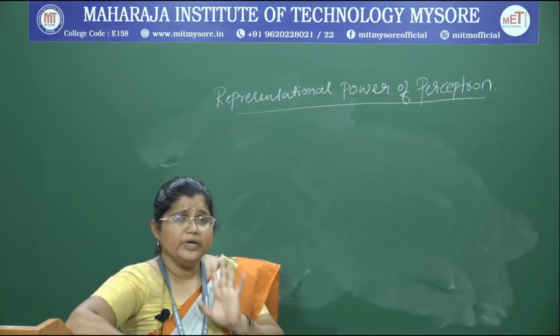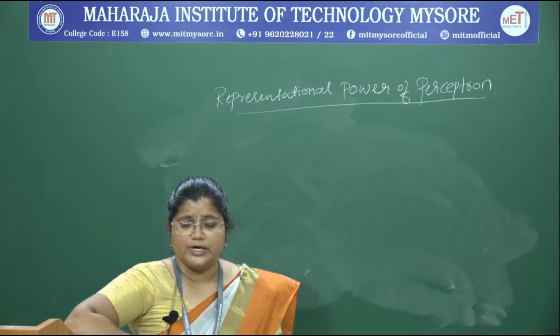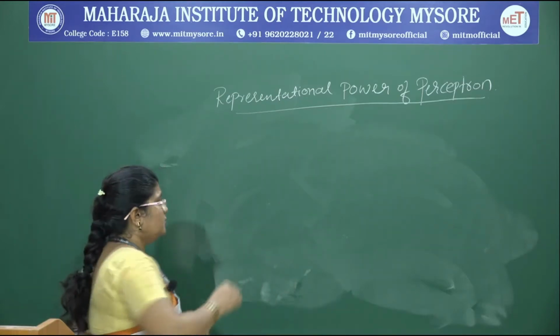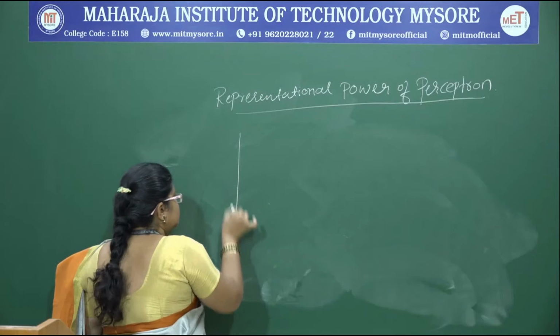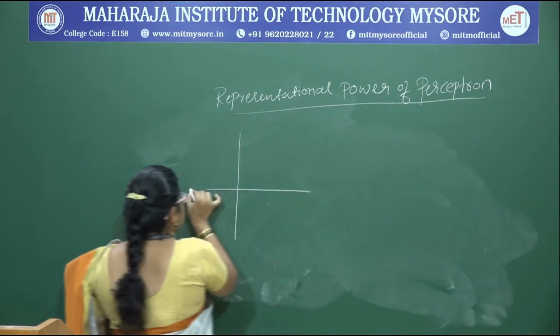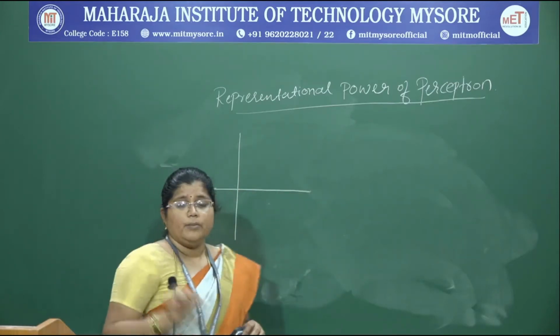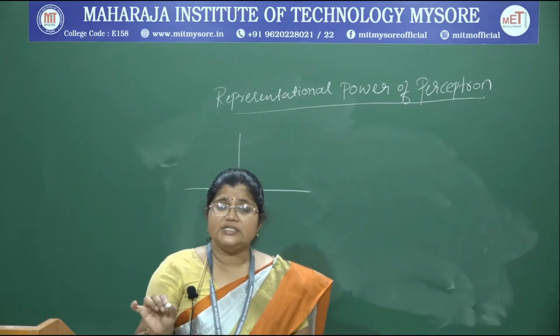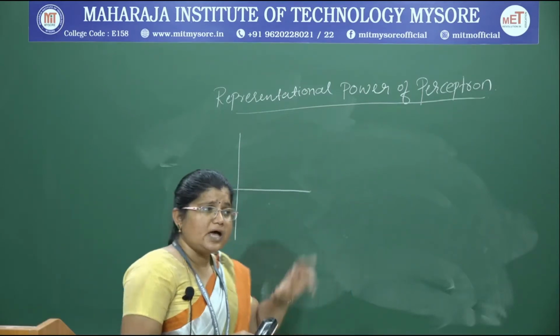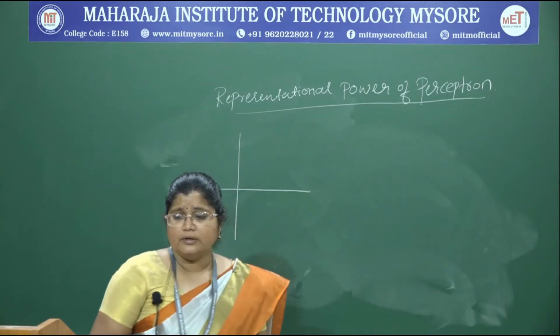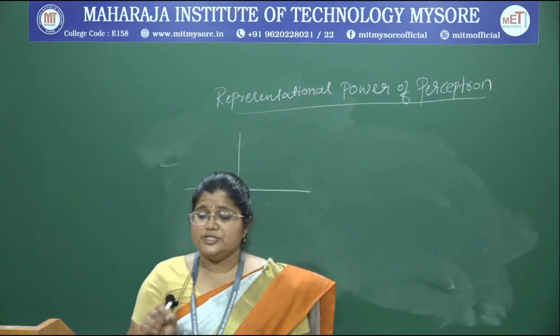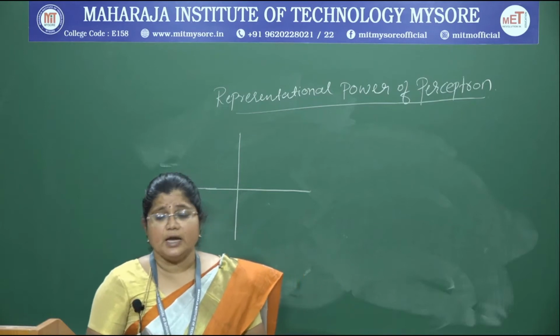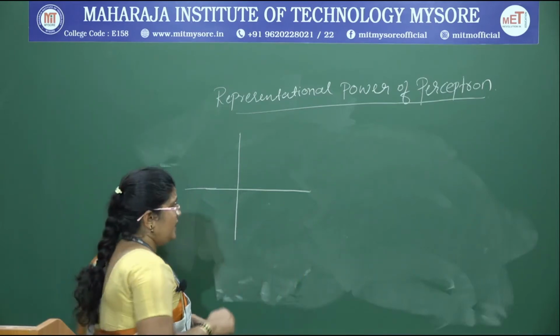Here there are two inputs present, x1 and x2. Let us look at this diagram. We can easily analyze how the perceptron can be viewed as representing a hyperplane decision surface in an n-dimensional space of instances.